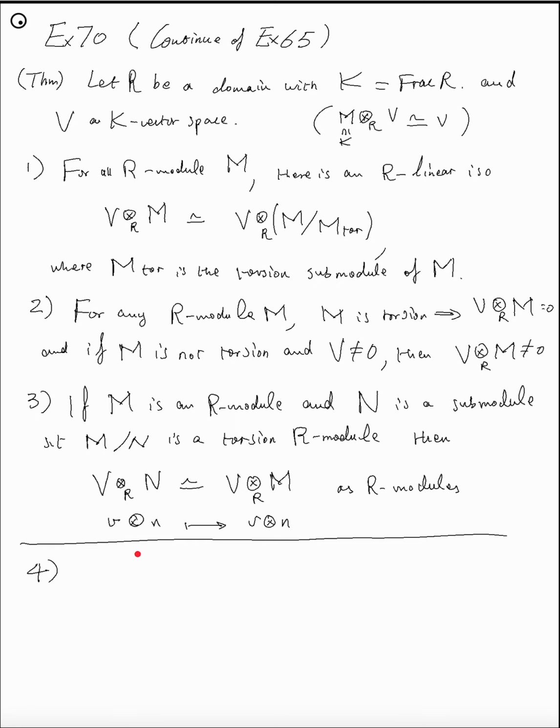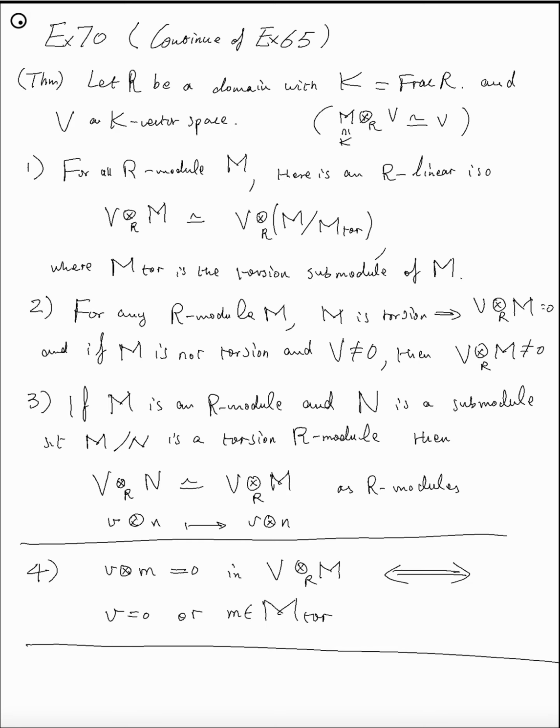Let's add the first one as a corollary of those, which says, under the same notation, that small v tensor m is 0 in V tensor M if and only if small v equals 0 or m is in the torsion submodule of M. In particular, this also gives another description of M tor: M tor becomes all those m in the kernel of the map from M to V tensor M mapping m to 1 tensor m.